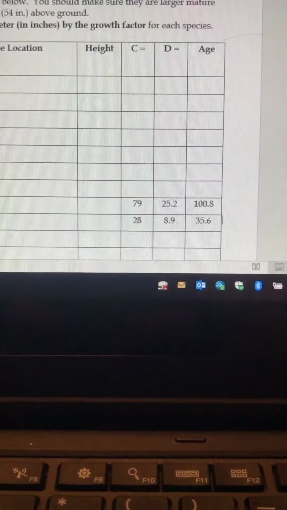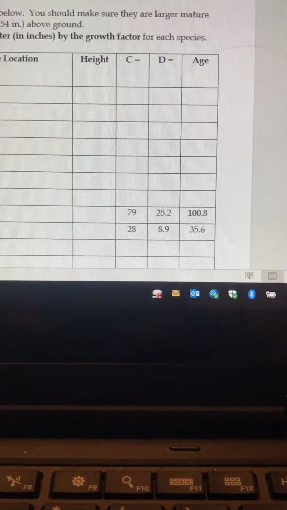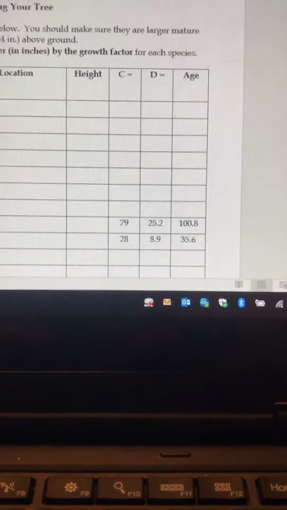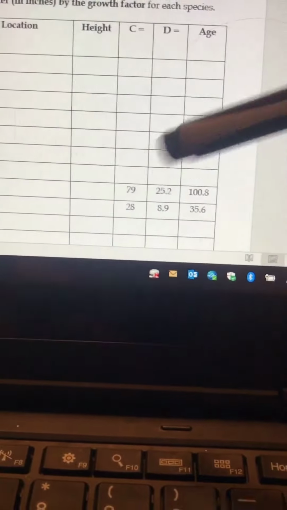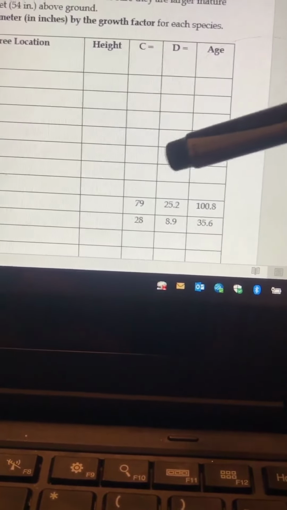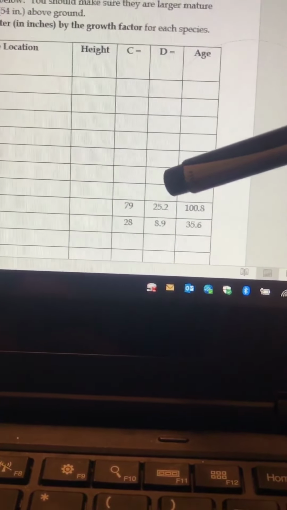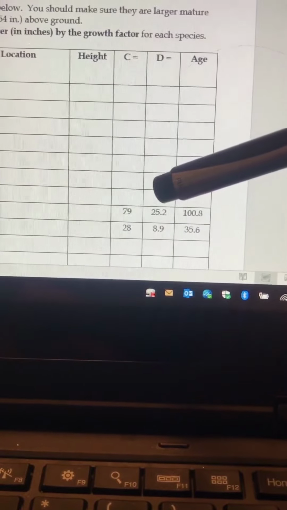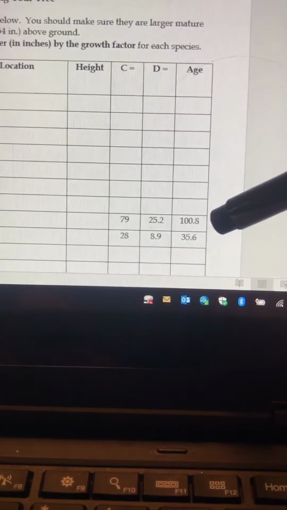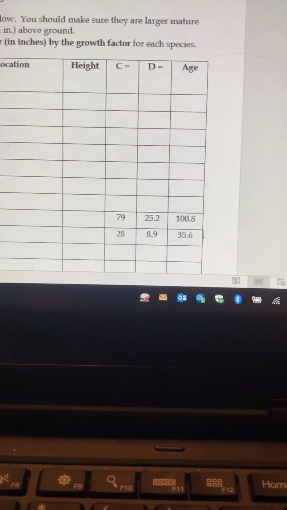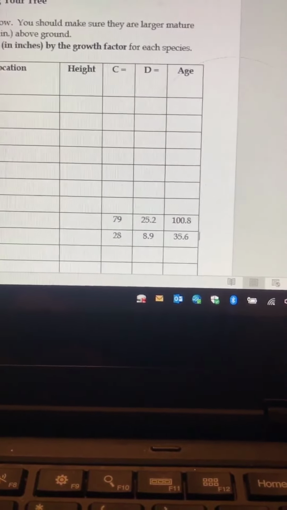Alrighty. I went and filled in that information here, and you'll see for the large tree, we had the 79 there, and the diameter was 25.2, and multiplying that by the scale factor predicts that that large red oak tree is approximately 100 years old.